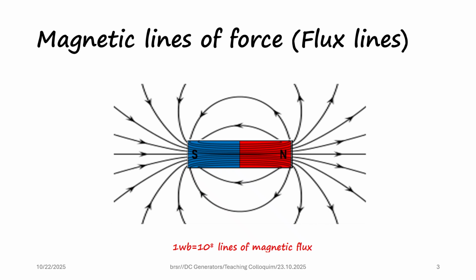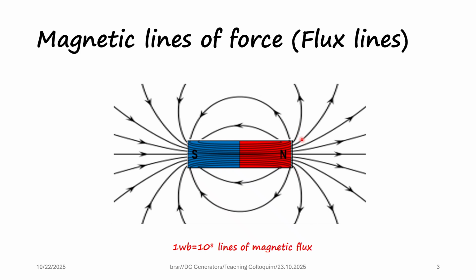A magnet has two poles, north and south, and in a magnet there are some invisible lines, which are indicated here. These lines are called magnetic lines of force or flux lines. They are invisible in nature, start from the north pole, go into the south pole, and are parallel to each other.